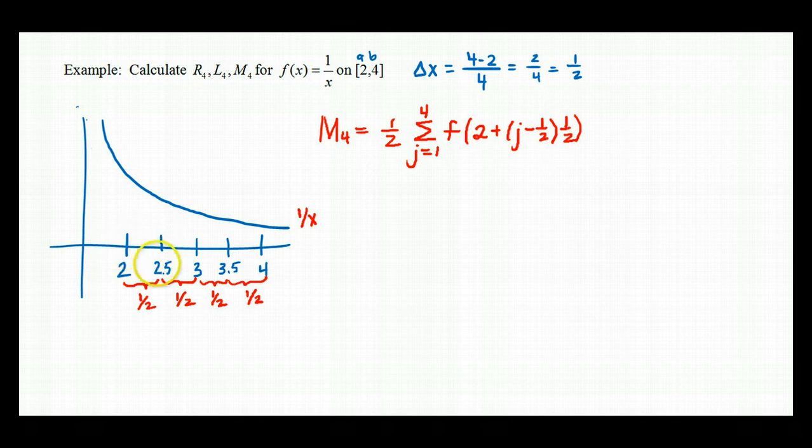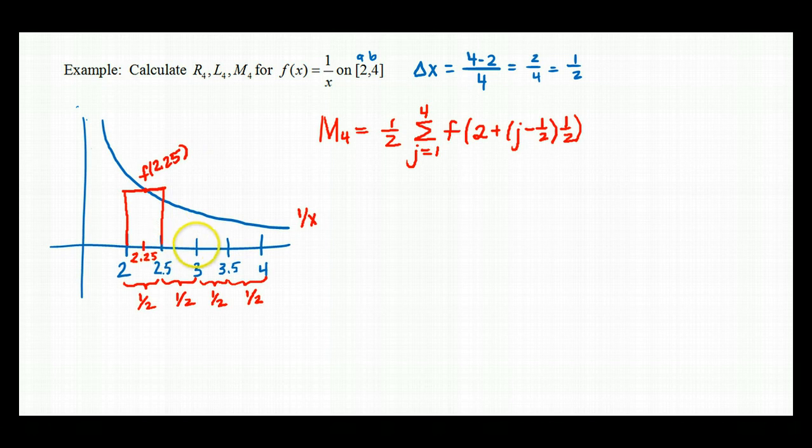So here, now that it's decimals, it's easier to see that between 2 and 2.5, the halfway point is 2.25. So we're going to use that midpoint and go up to the function, and that's going to define the height of my rectangle. So the first rectangle is going to have the height f of 2.25.